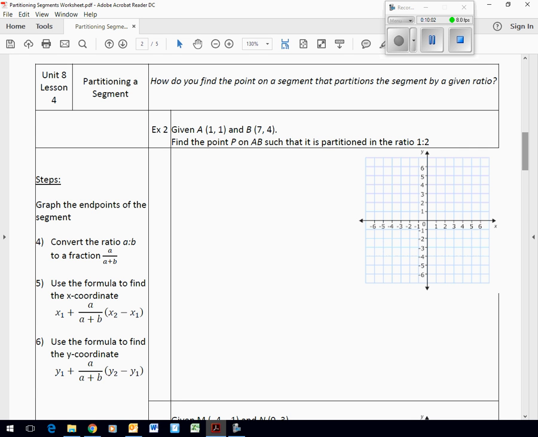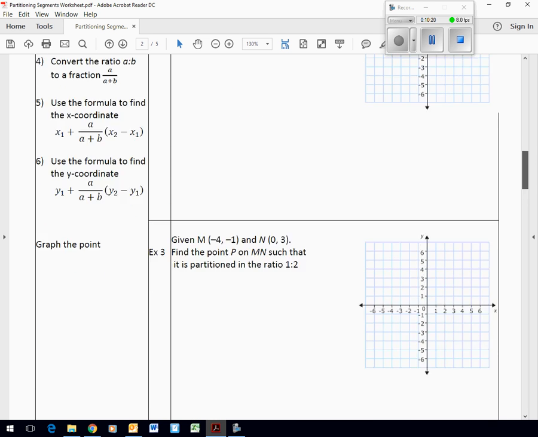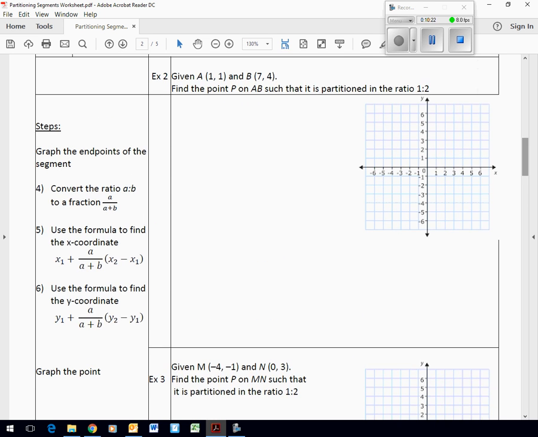Okay, so let's look at this right here, guys. I'm on the second page now. Given that A is at 1, 1, and B is at 7, 4. Find point P on AB such that it is partitioned in a ratio of 1 to 2. Okay? This one doesn't have the fill in the blanks, so you're going to have to go with me here. Let's graph A and B. Number 1, let's graph.